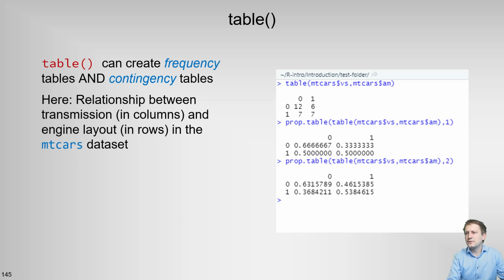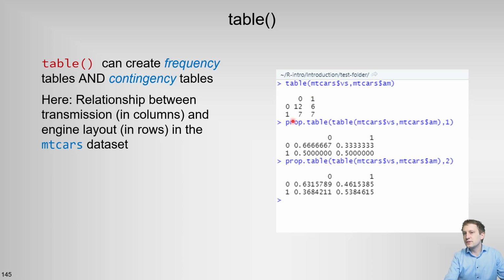They have the V-shaped engine layout and another engine layout, and you can see if there's a relationship between that engine layout and the transmission type, whether it's automatic or manual. That's what I'm showing here. It's a bivariate analysis between the transmission style and the engine layout, whether it's V or not.